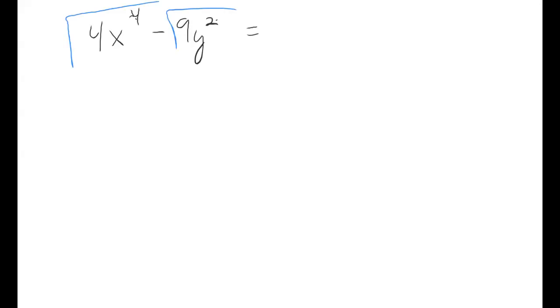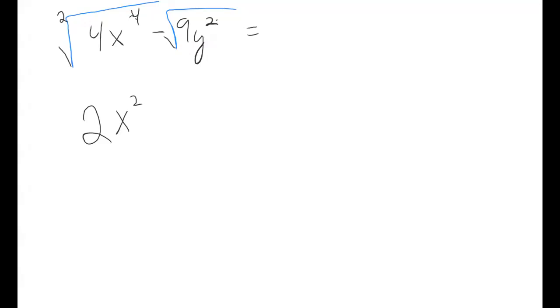And then I do the square root. The square root of 4 is 2. The square root of x to the 4th is x squared. So the little trick here for variables is this. The square root symbol, which I didn't draw very well, has a little 2 here. We don't write it because we're lazy, but that's why it's called a square root.